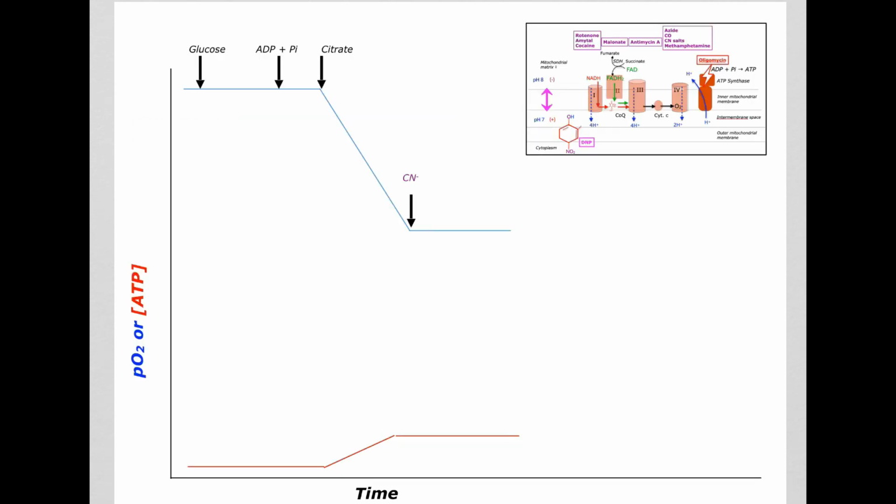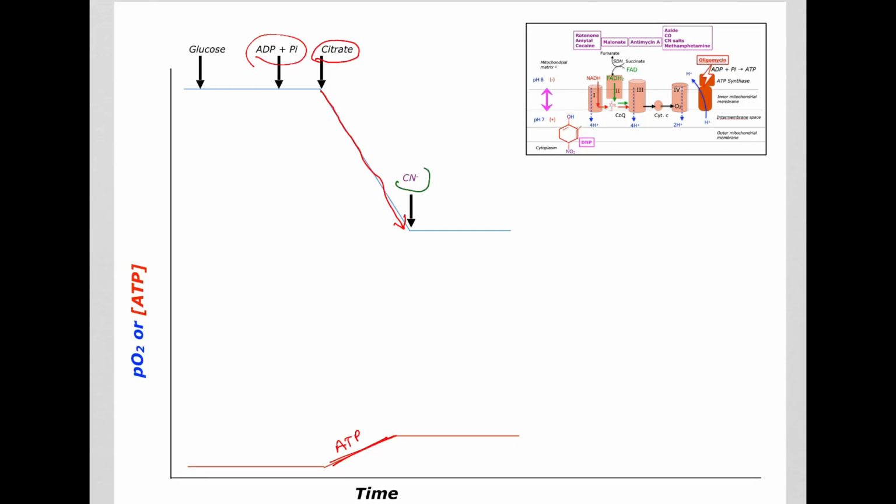So as before, once we add citrate, which is a fuel, oxygen will be consumed, the electron transport chain will happen, and since the electron transport chain is happening and there is ADP and Pi, ATP will be synthesized.